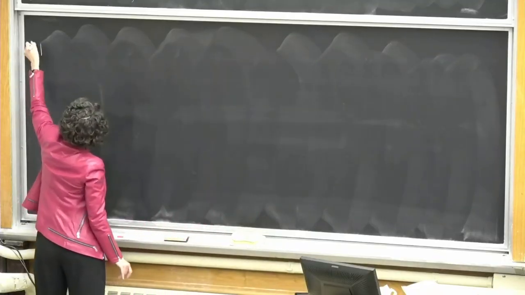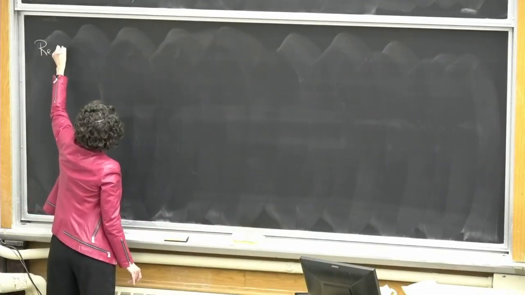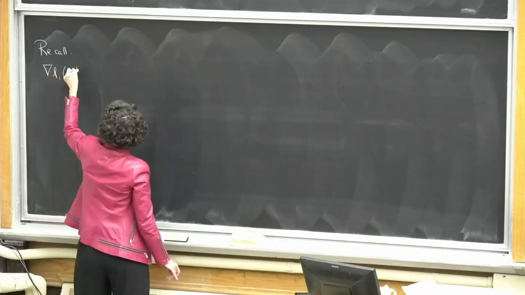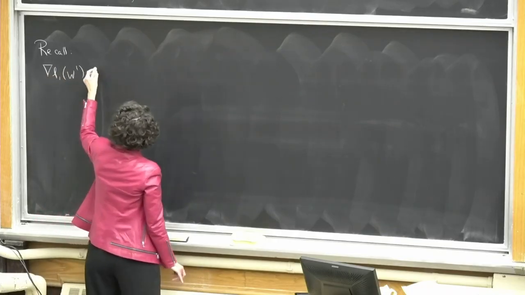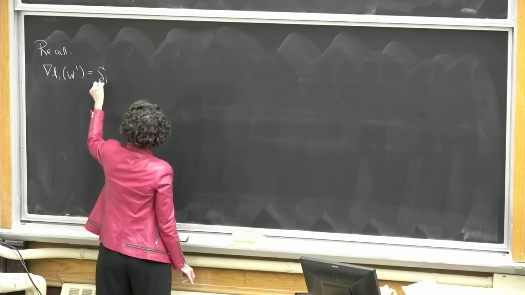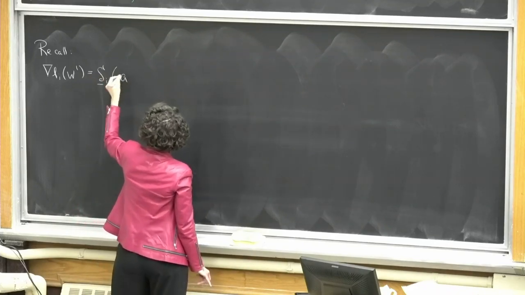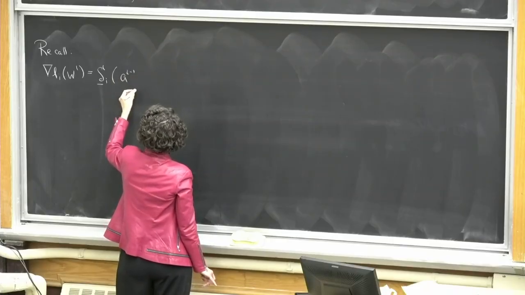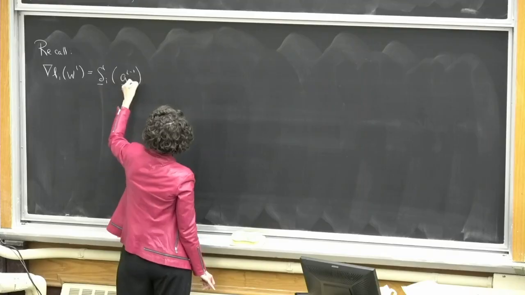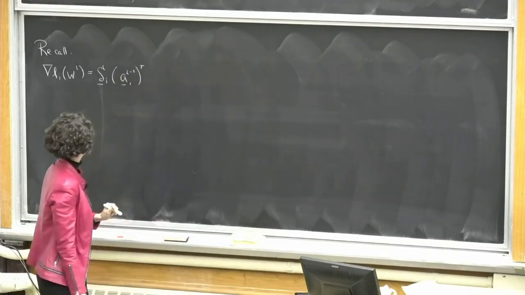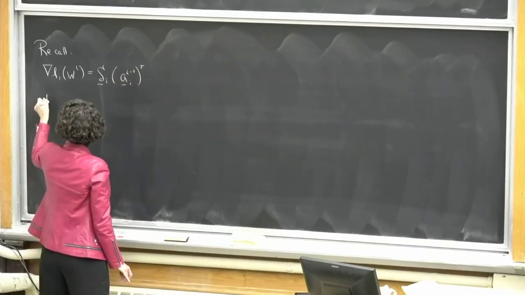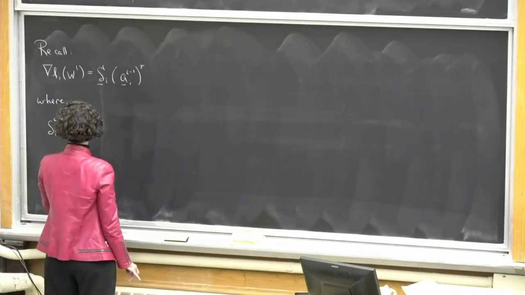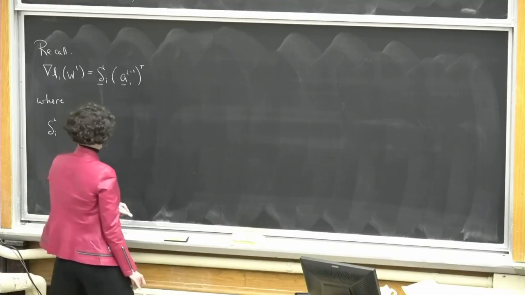Okay, so just to put everything on one board, what we have is that the gradient of L_i with respect to the Lth layer is equal to delta_i^L times A^(L-1) for the ith sample, transpose. And what we worked out is that delta_i^L is going to have one of two values.